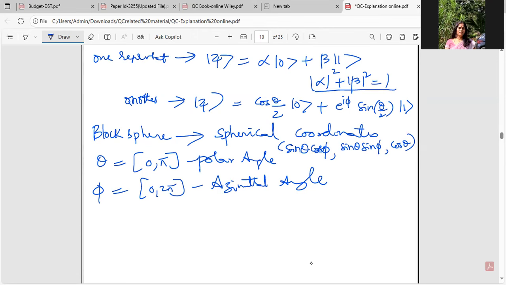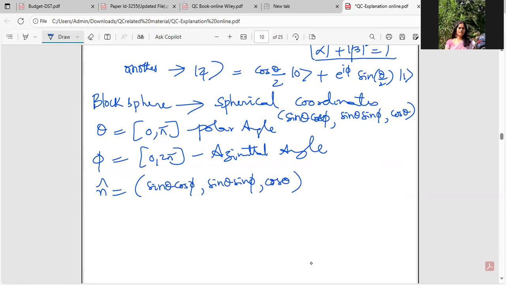That's why it's invisible. Now, n cap, the position vector on the sphere, when I'm taking spherical coordinates is sine theta cos phi, sine theta sine phi, cos theta.